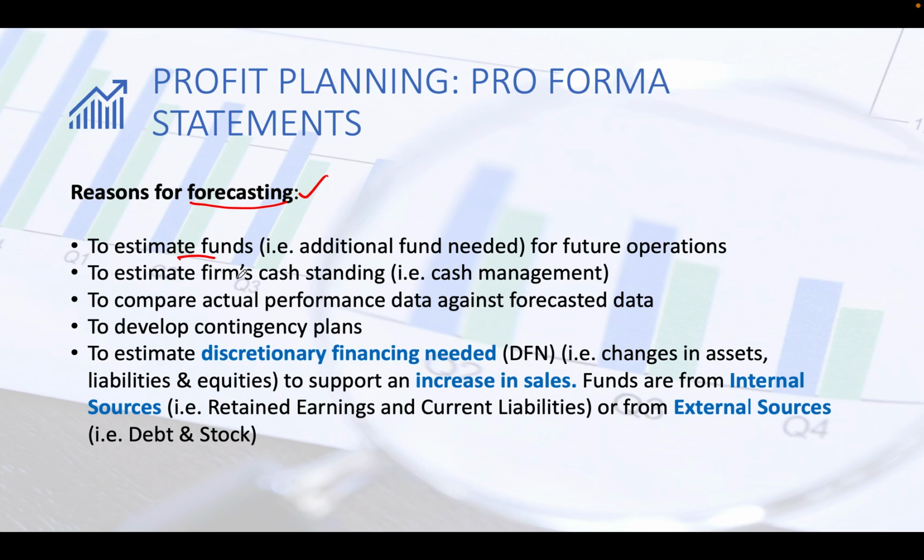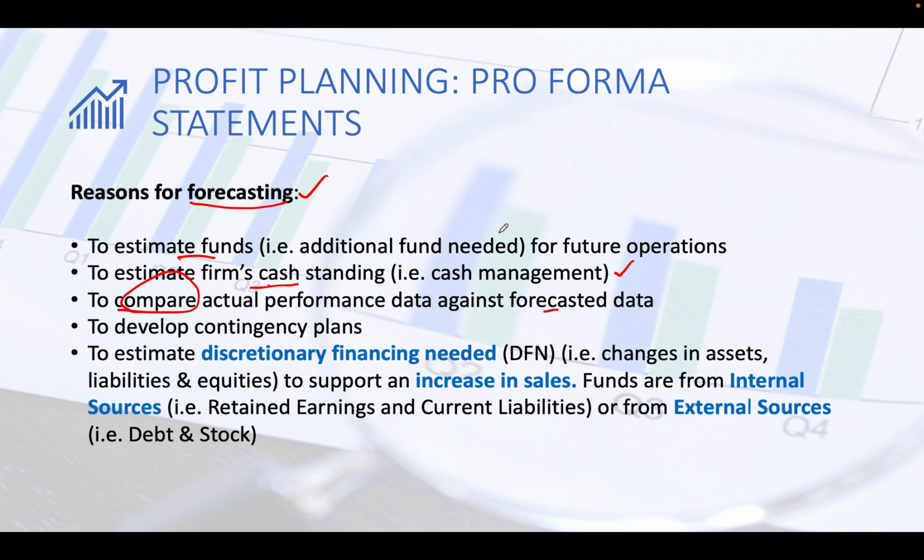The second one, to estimate the firm's cash standing. This one is also important because how the company manage the cash will determine the success of their business and the sustainability. The third one, to compare actual performance. To compare actual performance data against forecasted data. So kita boleh bandingkanlah dengan apa yang kita rancang dengan apa yang exactly berlaku.